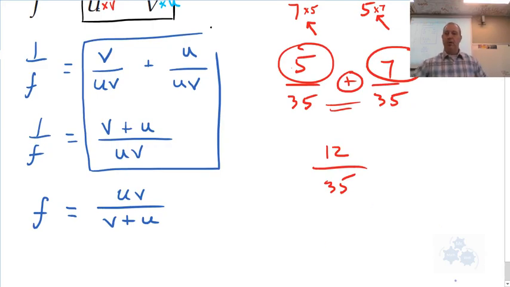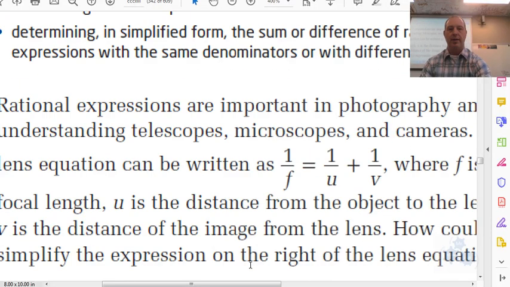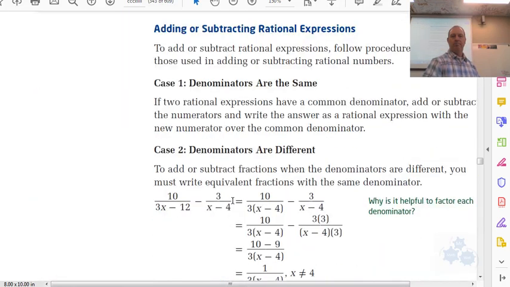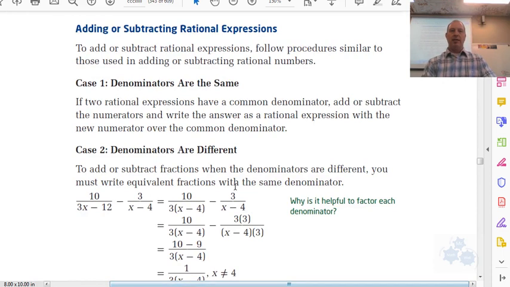Okay. So going back to the lesson here. Oh, that's pretty zoomed in. They just talk about what you do with fractions, and then what you do here. So let's go over some examples. In the textbook it says, in the case where the denominators are the same, you simply add or subtract the numerators. So if they're the same already, you simply add or subtract the tops, whatever you're asked to do there.